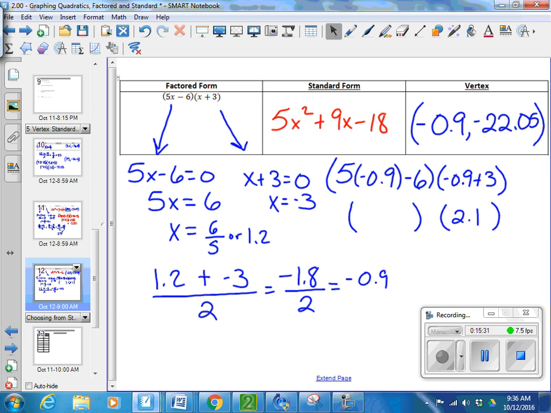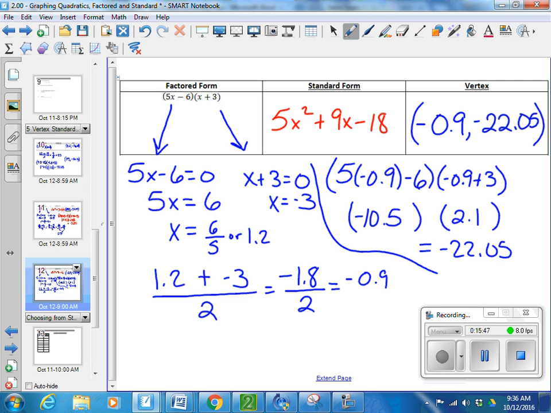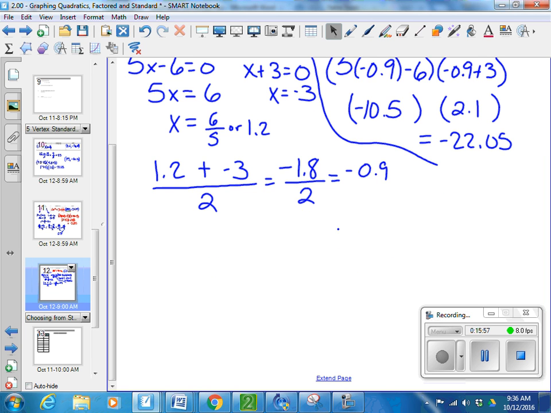We'll get negative 10.5. And then when we do that final multiplication, again we get negative 22.05.